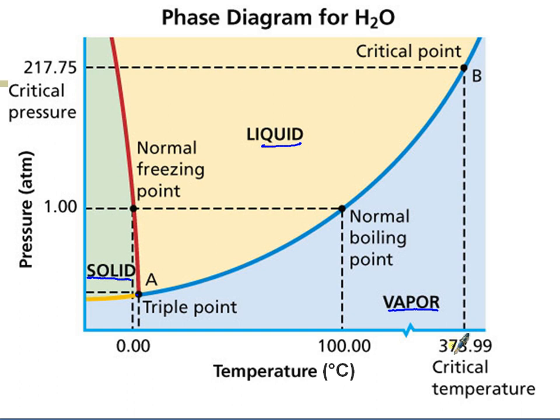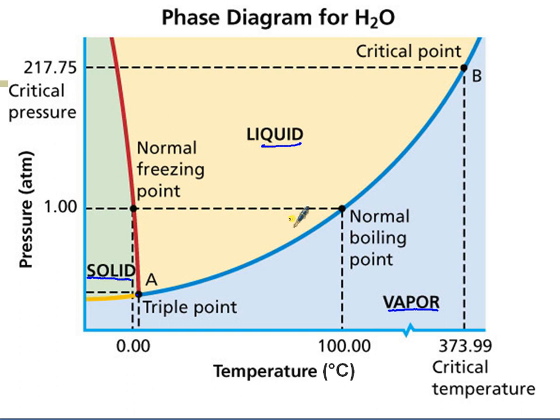So anything beyond the critical temperature is only going to be a vapor. The same goes for the critical pressure. This is the critical pressure beyond which it can only exist as a vapor, and the possibility of it forming a liquid begins at this point. The critical pressure and critical temperature for water are located at the farthest right point of the graph, whatever graph you're looking at.